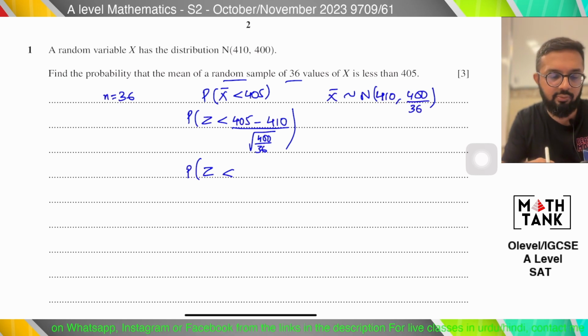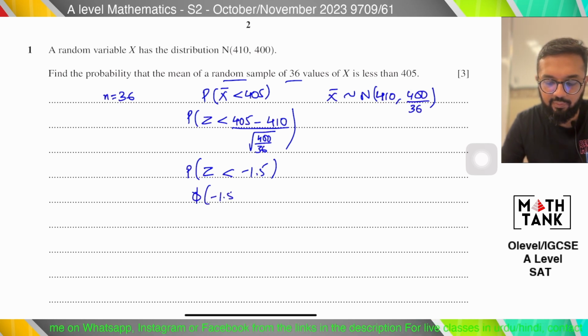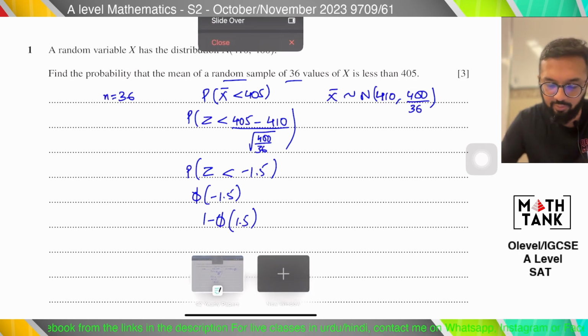Let's check. Minus 5 divided by 20 over 6. Minus 1.5. So that becomes probability of z less than minus 1.5, and that becomes 1 minus the probability of z less than 1.5, according to the normal distribution rules.